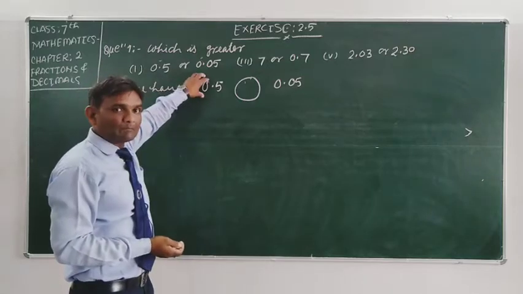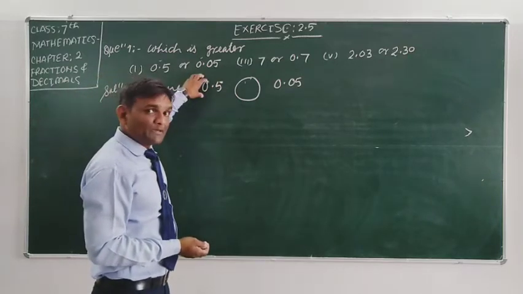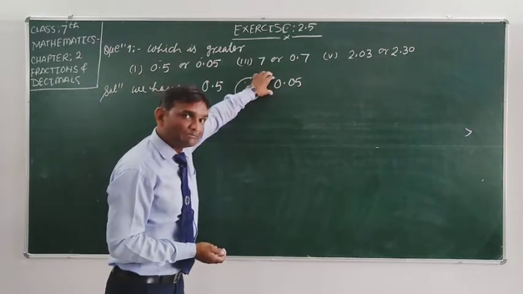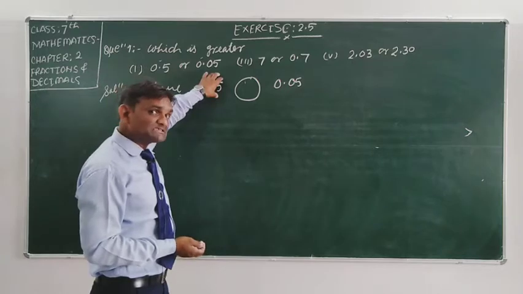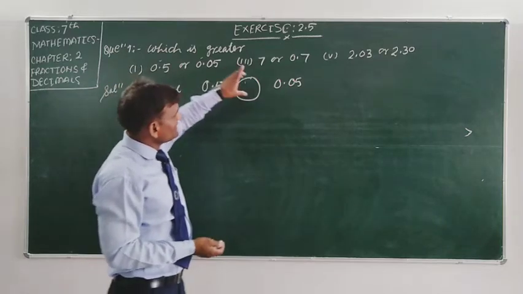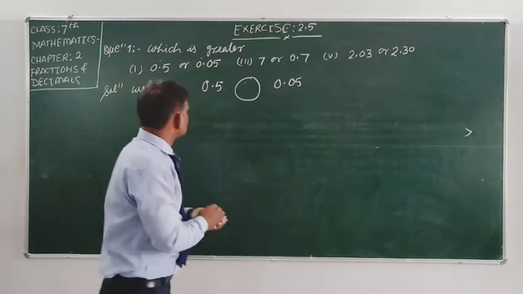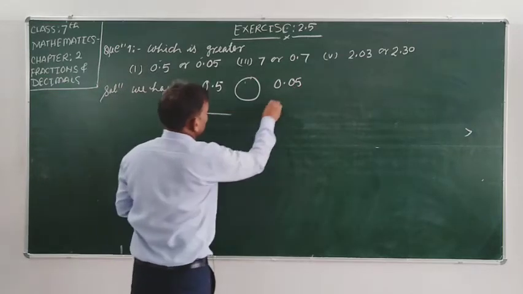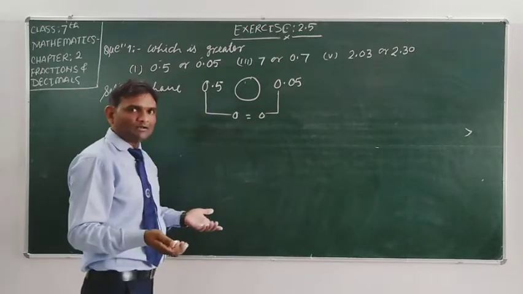This is the whole number part and this is the decimal part. The whole number part we compare with the whole number part of the second decimal number, and each digit of the decimal part we compare with the decimal part of the second decimal number. So student, first is 0, 0, it's equal.